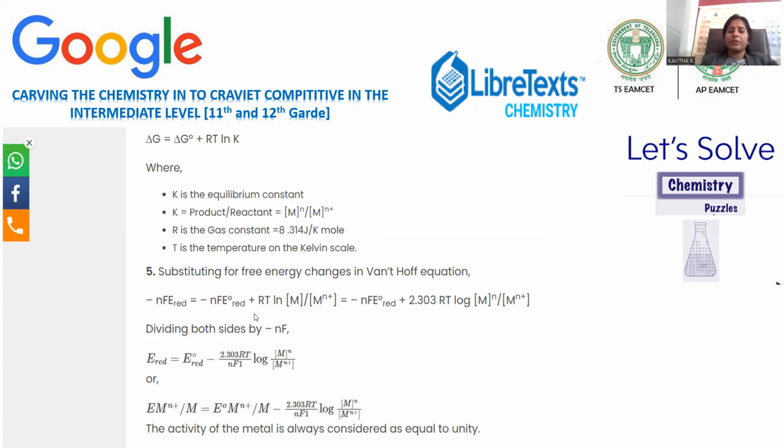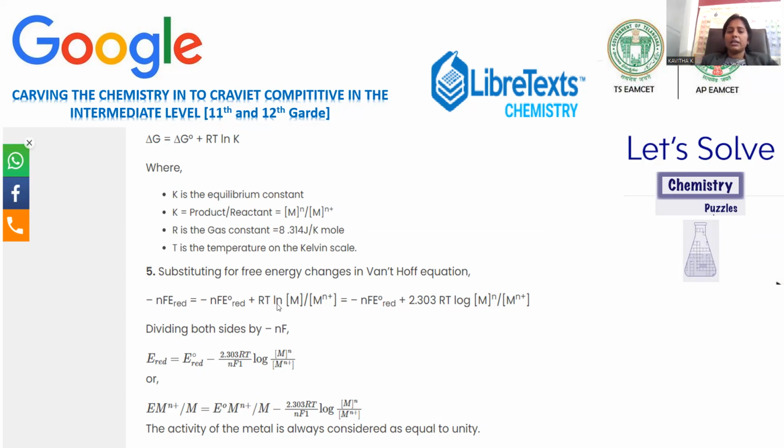So if we simplify the same equation, minus nFE naught plus 2.303 RT log of product concentration by reactant concentration can be taken. Why? Negative sign is here, positive sign is there. Again, it is converted into 2.303. Why is it converted? Because here ln base e is taken, and here log base 10 is taken.